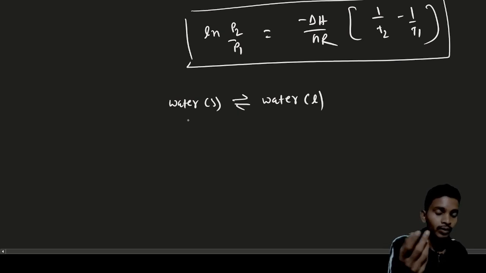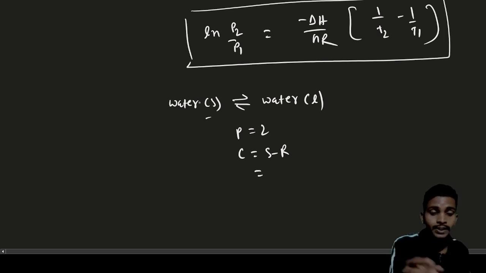Then what is the total number of phases here? Phases are 2, one solid and another liquid. Components is S minus R. S means the species which exist independently.